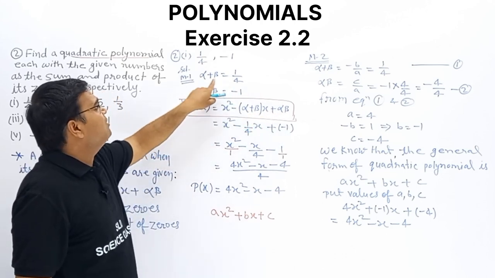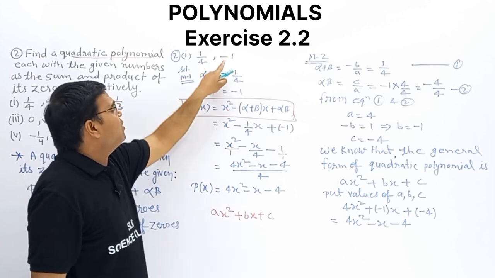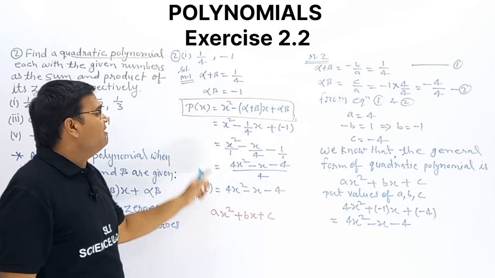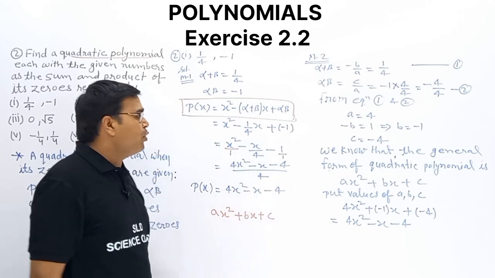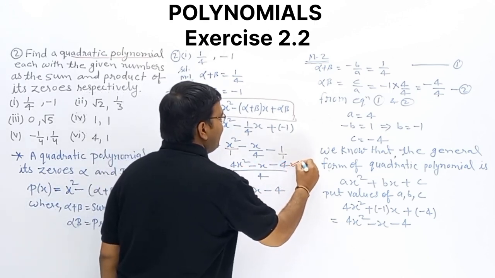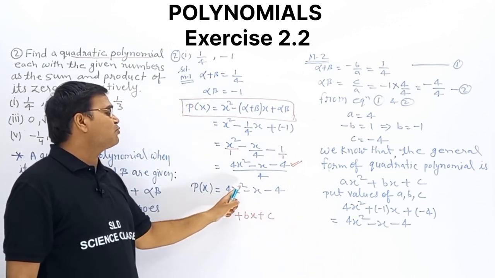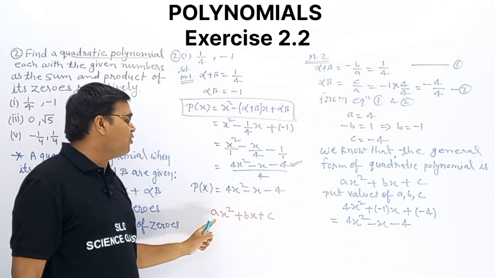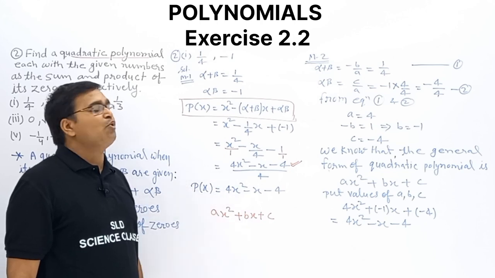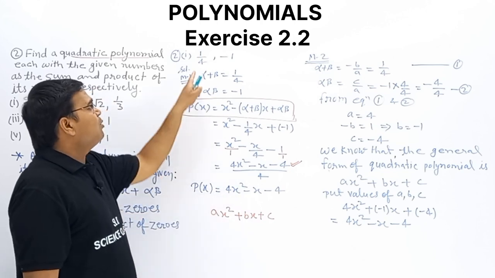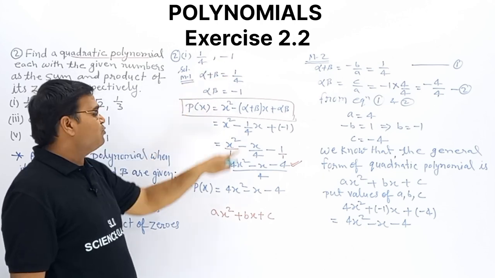Put the given sum of zeros and product of zeros there, take the LCM, leave the denominator part, and only consider the numerator, which will be the required result. So the polynomial of x is 4x square minus x minus 4, which is in the form ax square plus bx plus c. This is the quadratic polynomial for a sum of zeros of 1 by 4 and a product of zeros of minus 1.